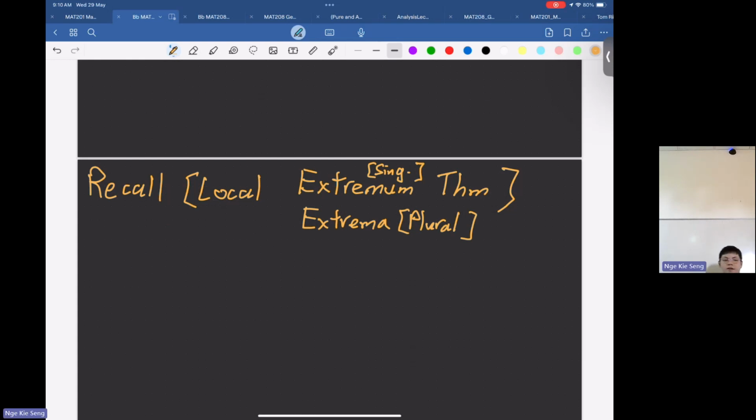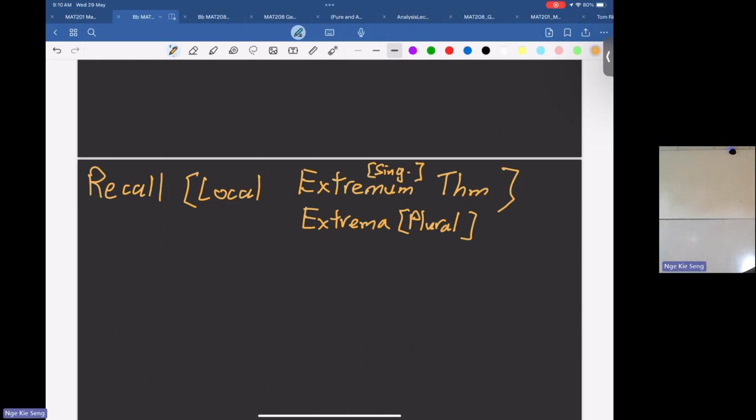What other plurals look like this? Maybe stoma and stomata. Can't think of more now, maybe next time we can share. Sometimes they also use extremums, putting an S also can work, but extrema is one of the accepted words.